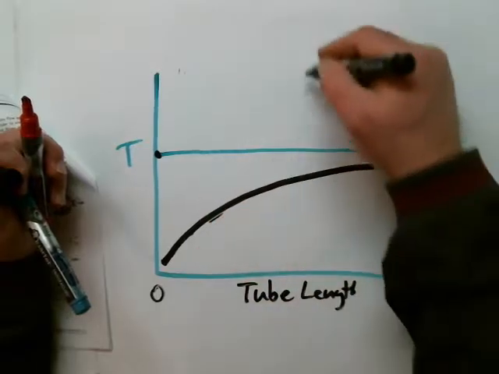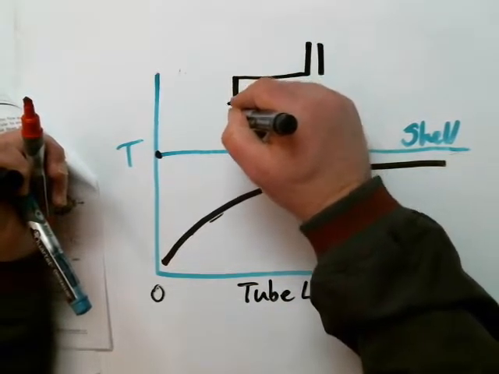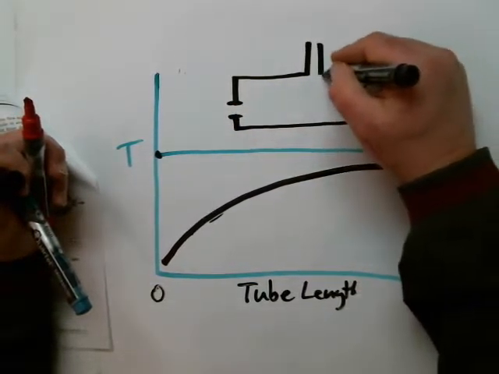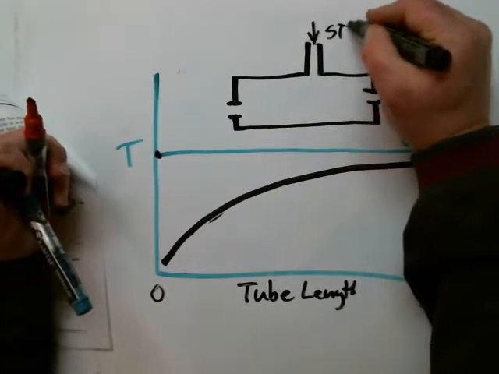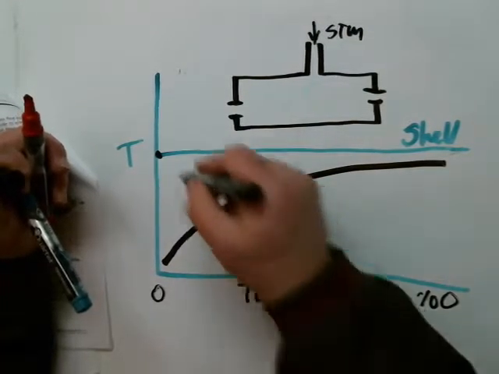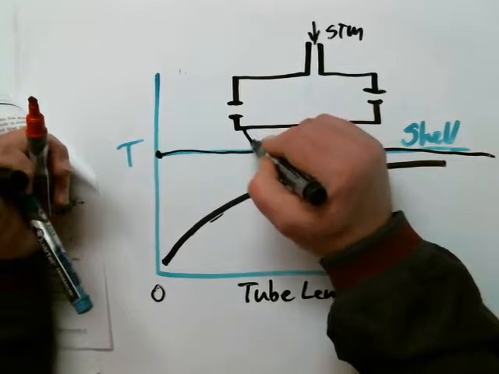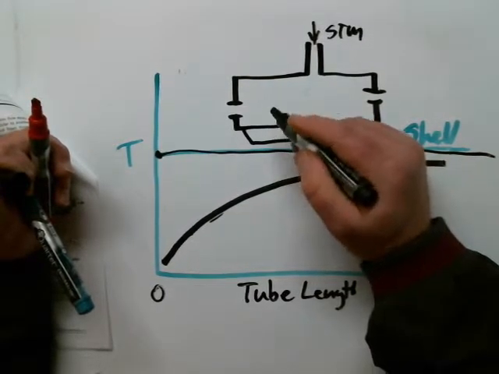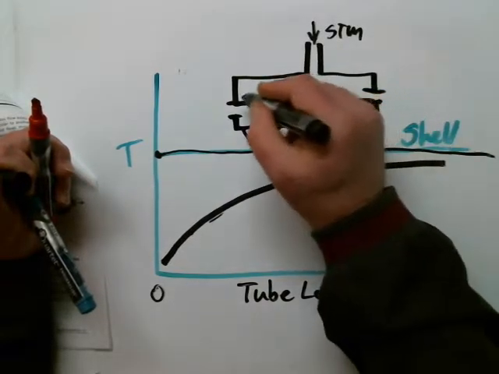So if this was a cross-flow heat exchanger, like a condenser, I could have this going on right here, where steam is being deposited in the shell, and it's going to have a constant temperature until it drops down into here, the hot well, and then the tubes, and I'm just going to make these tubes go the length.